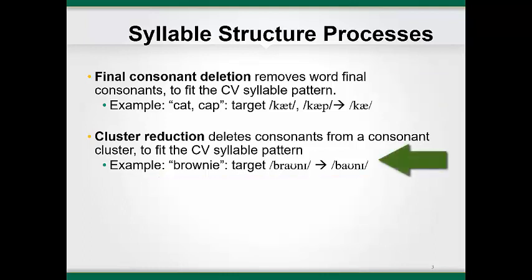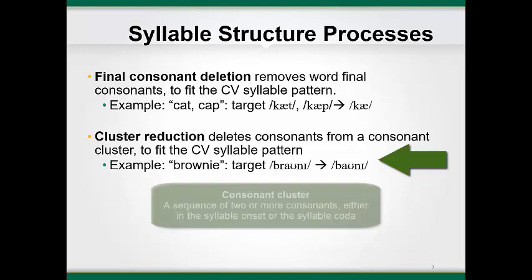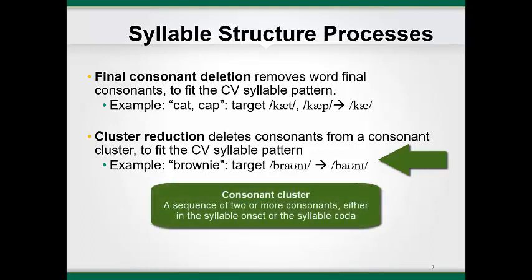Next, the phonological process of cluster reduction affects syllables that have more than one consonant in the onset or more than one consonant in the coda. So it can apply in either syllable initial or syllable final position. Sequences of two or more consonants, either in the onset or the coda, are called consonant clusters.